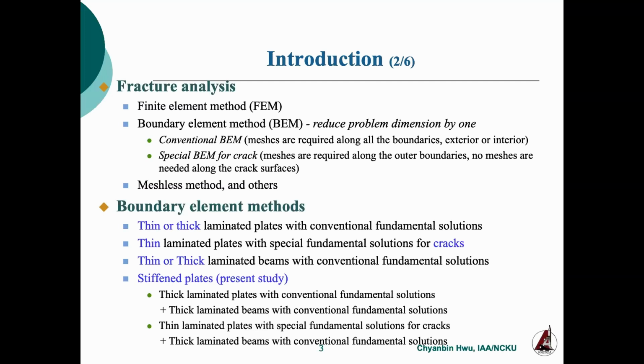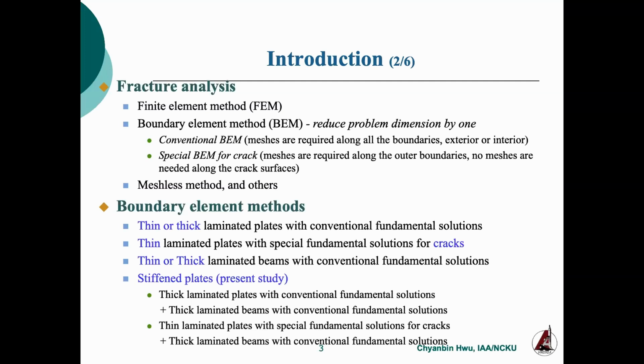So you still need a very fine mesh near the crack. But if you have a special fundamental solution for the crack, then no mesh is required along the crack surface. So this will increase the accuracy and efficiency. So this is what we like to do.